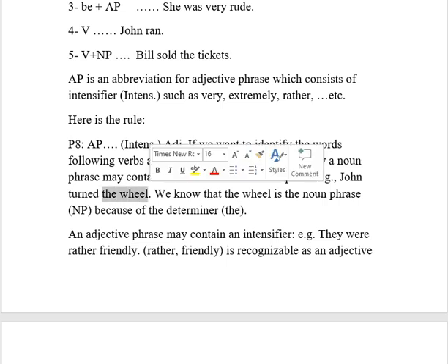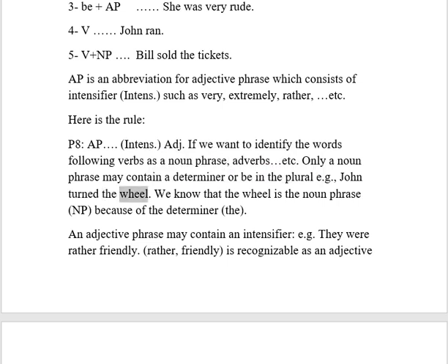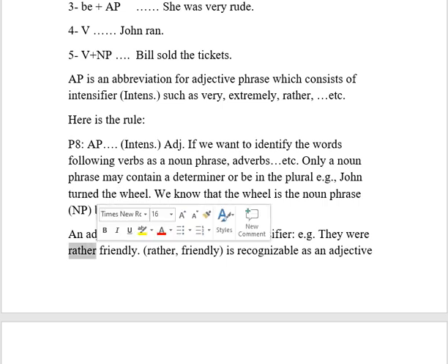Because it is preceded by the determiner, and wheel is a noun. An adjective phrase may contain an intensifier. Example, they were rather friendly. Rather in this sentence is an intensifier, and friendly is recognizable as an adjective.